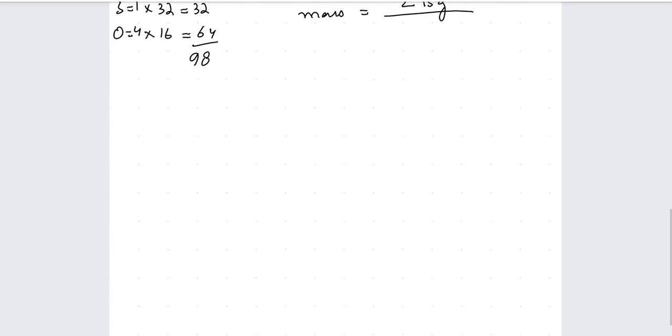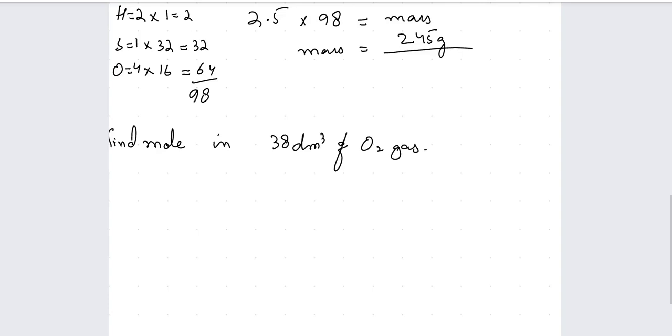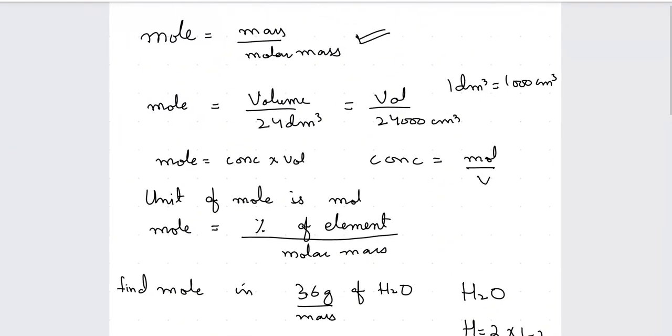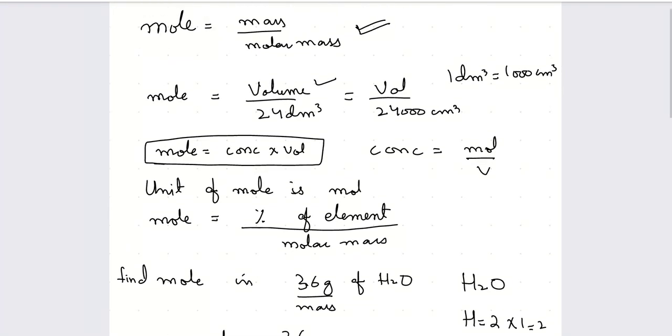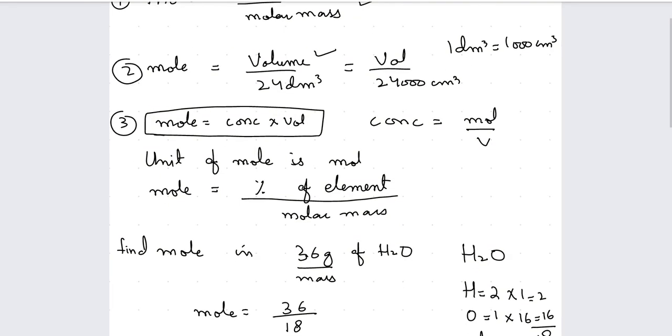In the same way, if you need to find the mole in 38 decimeter cube of oxygen gas, now you will use the volume formula. There is another formula of the volume, but for this you need the concentration and mole both, but I just have the volume, so I will use the second formula.